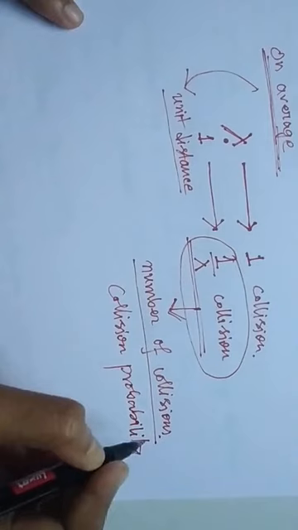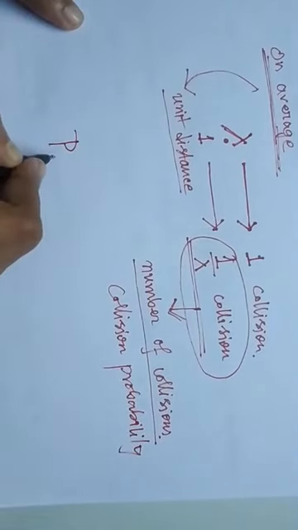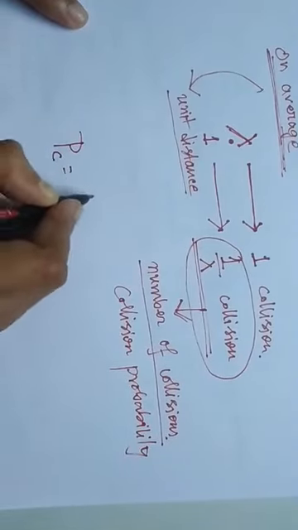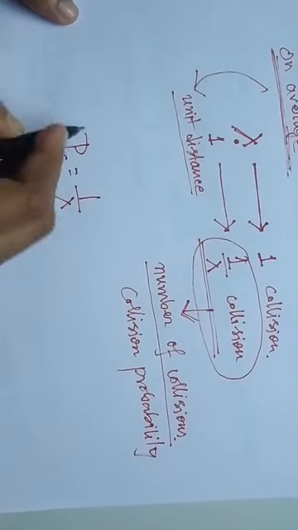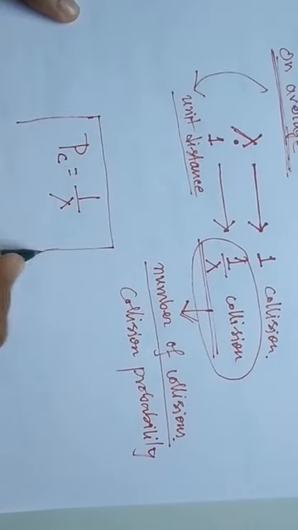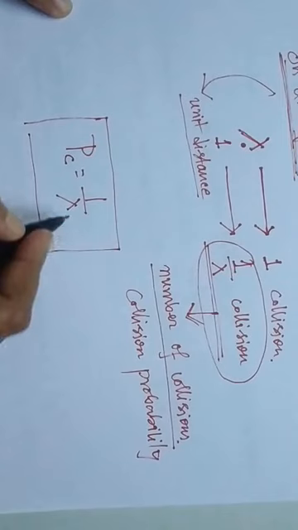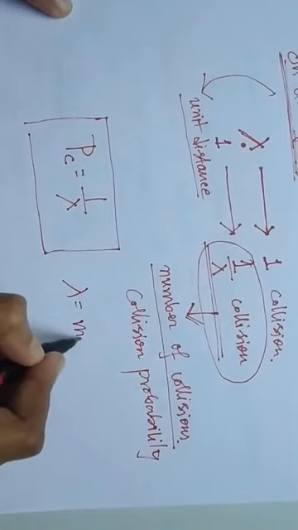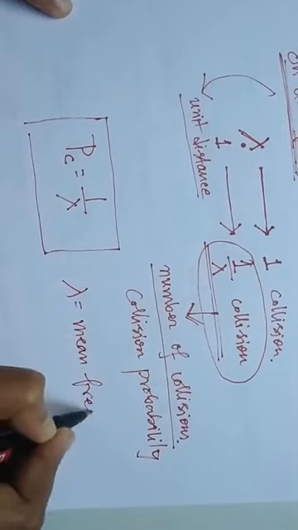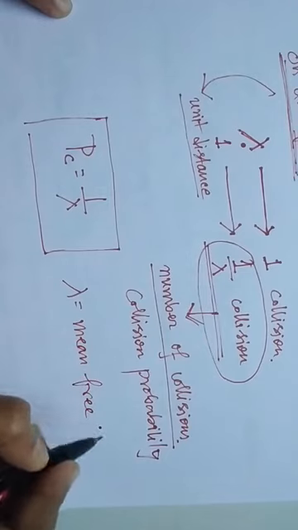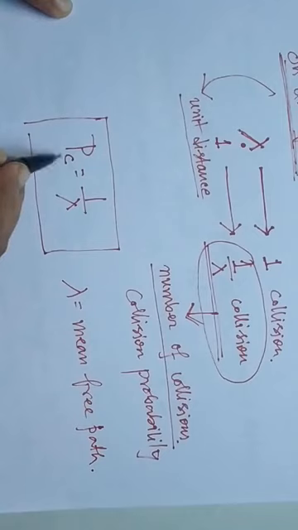So now we have found that the collision probability P_C is equal to 1 by lambda, where lambda is the mean free path. That is, there is a reciprocal relation between the mean free path and the collision probability.